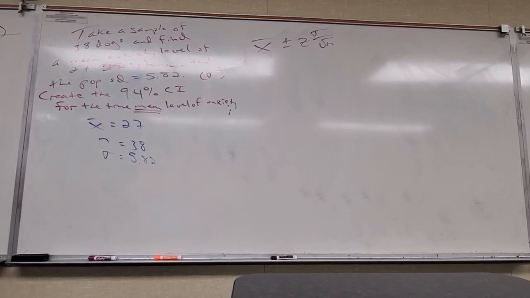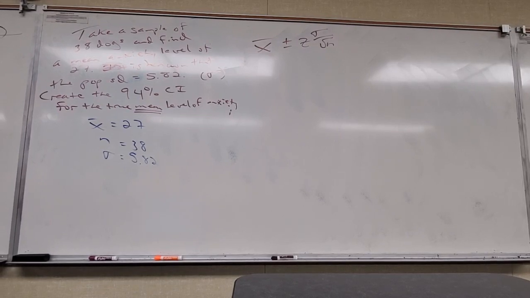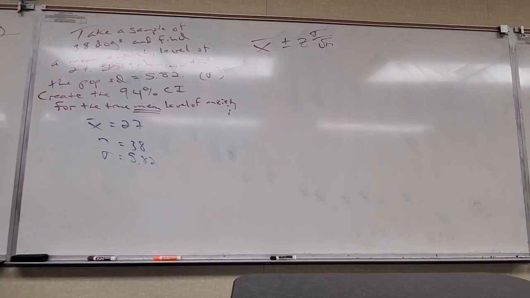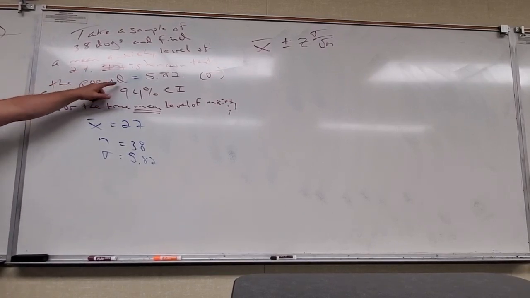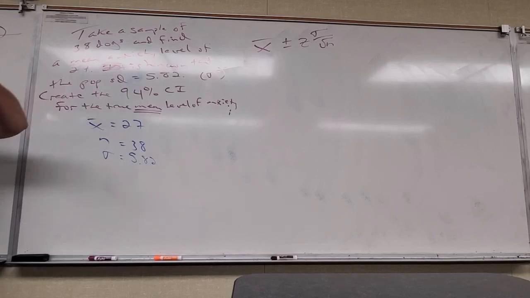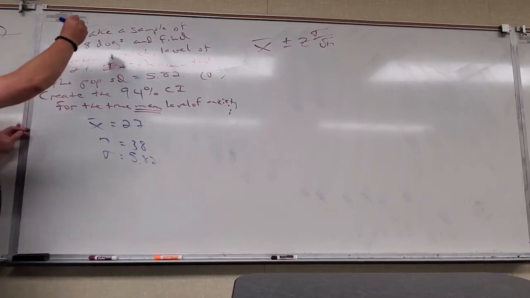I'm just double checking. So we're using sigma and not S because even though we have a sample of 38 dogs, we know that the mean anxiety did this come from the sample? No. Both the mean anxiety and this came from the population, and now we're looking at the sample, right?